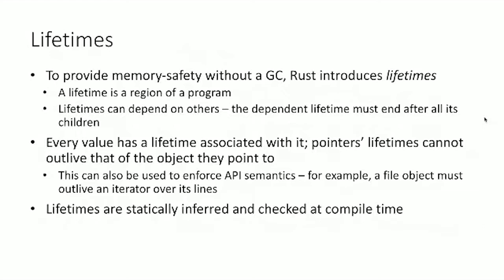So if I'm creating a variable and it's on the stack, so it's defined within a function, and then I do some other things after that, the lifetime is the region from that variable being defined to the end of the function, because after the function's exited, it doesn't really make any sense to reference that variable anymore because it's not there anymore. It disappeared. Whereas if I define a global constant, the lifetime of that is the entire life of the program. You can reference it from any point and it's safe.